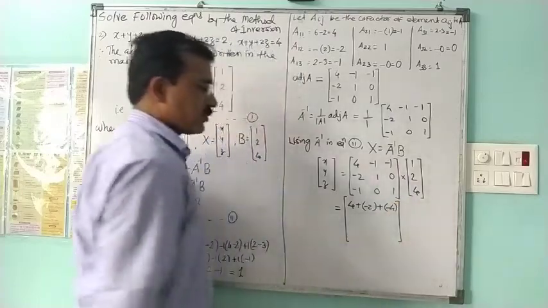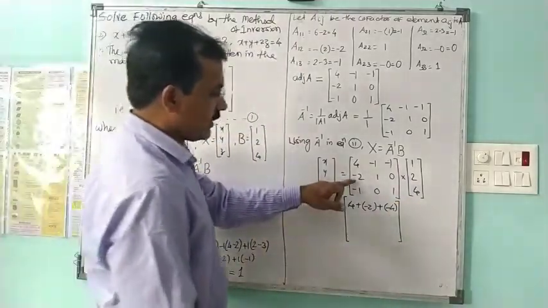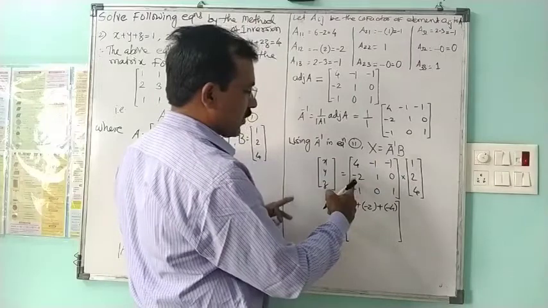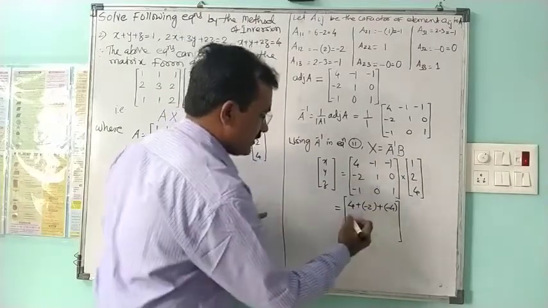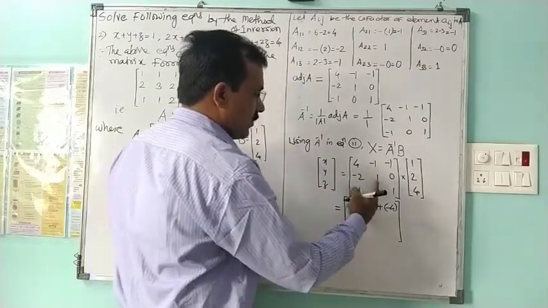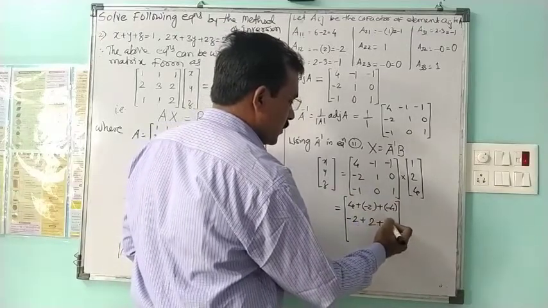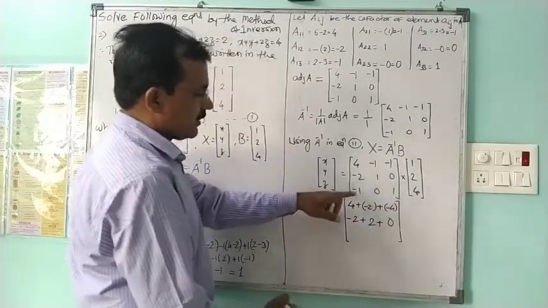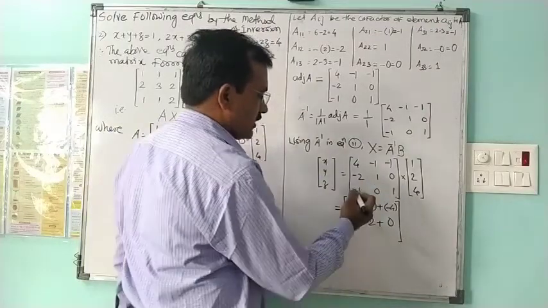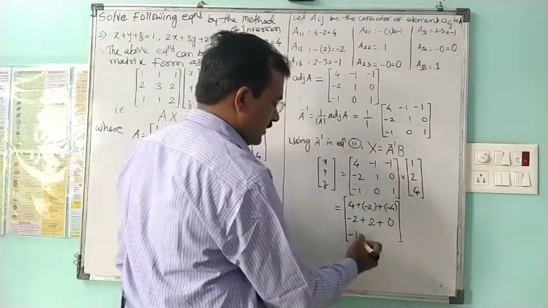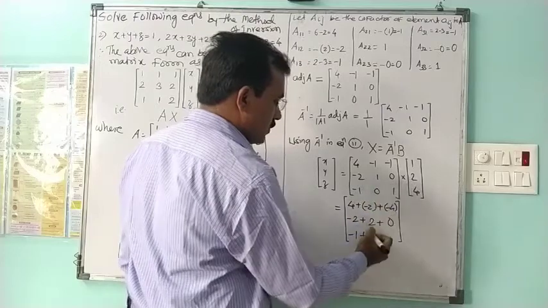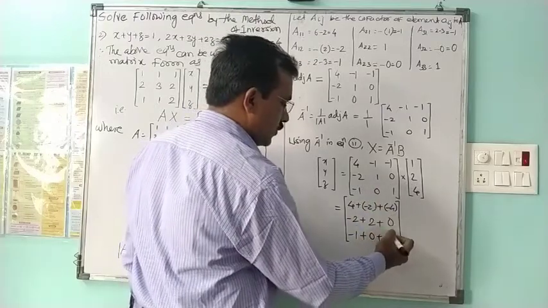Second row with the same column: the product will be like this: minus 2 with 1, that is minus 2, plus 1 with 2, plus 0 with 4. Third row with the same column, that is minus 1 with 1, plus 0 with 2, plus 1 with 4.